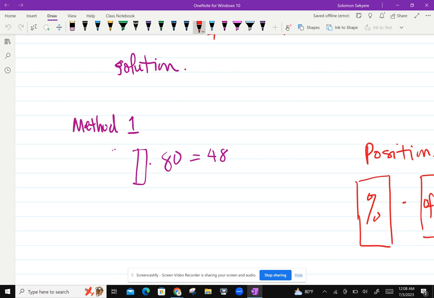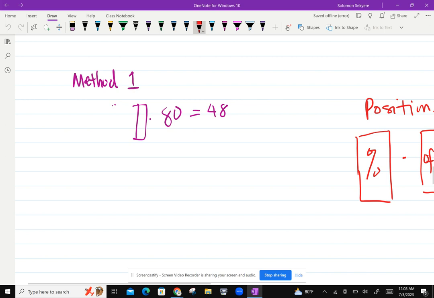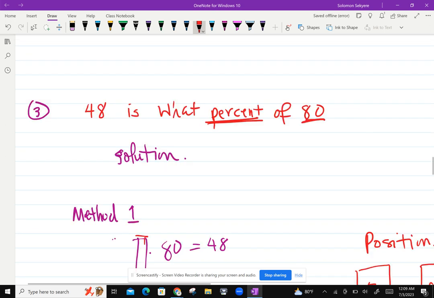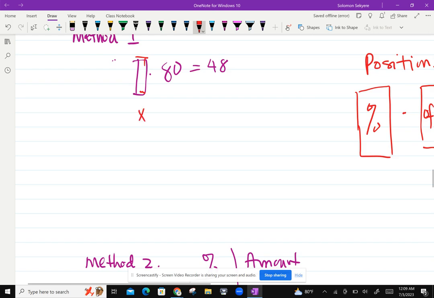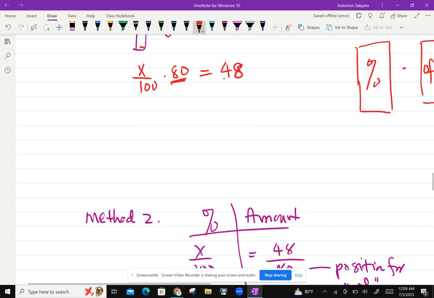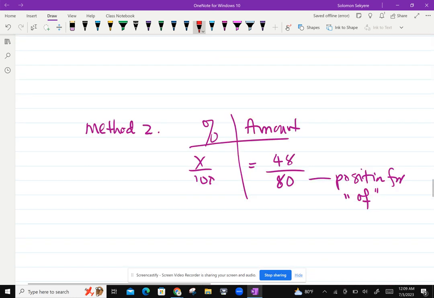Method 1. This percent goes here, right? 48 is what goes here. So you say x over 100 times 80, the of is here, the is goes over here. Calculate it. Method 2. See the percent position right here, percent on the left.